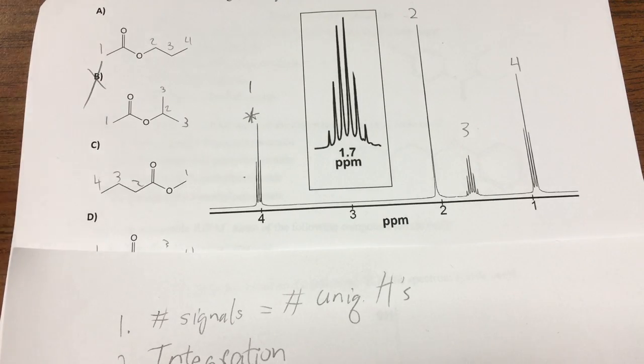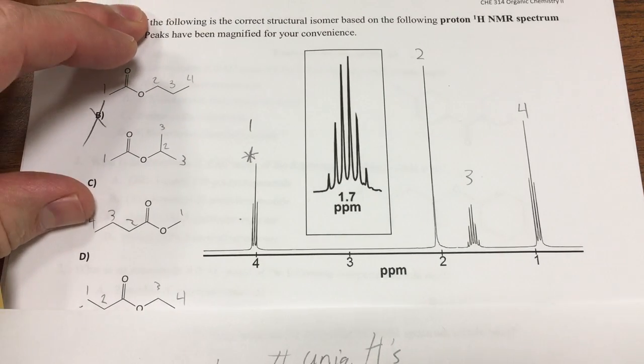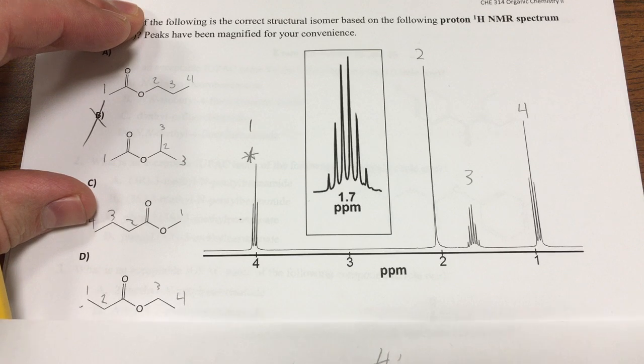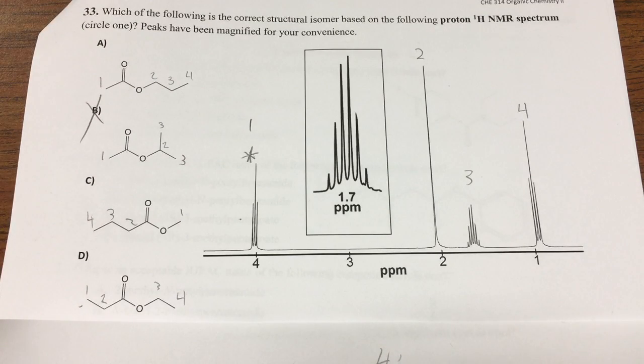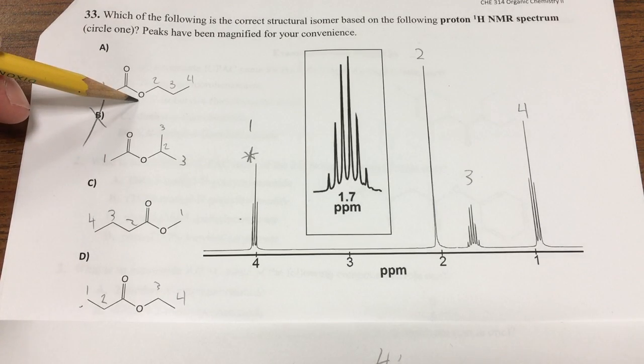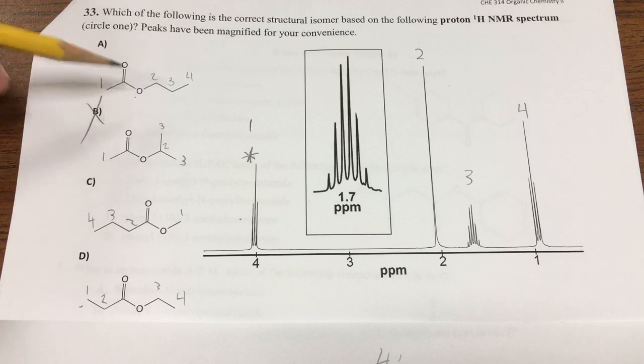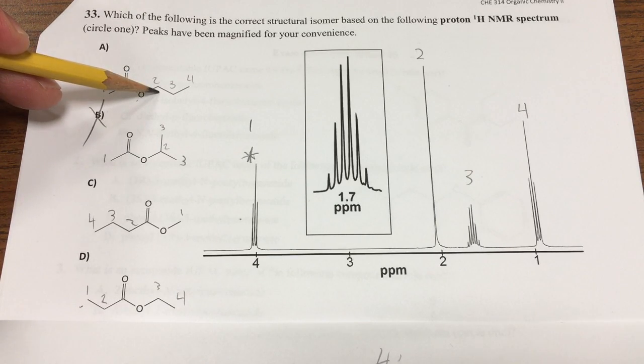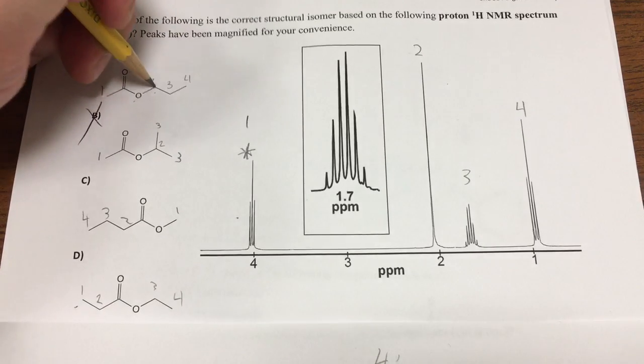We go back to our spectrum here, and we're going to look for what we have so far. The oxygen is here in this one, and there we have a set of hydrogens.